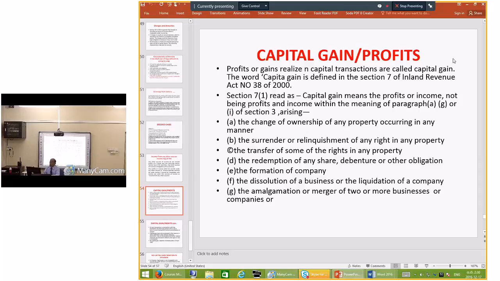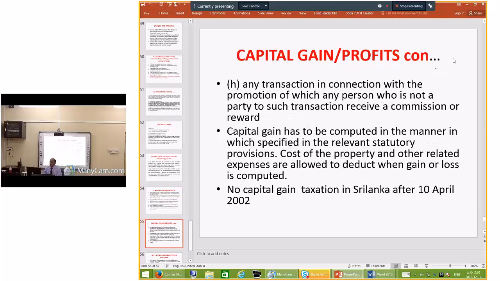That means, say, any intellectual property can be sold, and also redemption of shares, debentures, and obligations, where people also receive some money. That income was recognized as a capital gain. In the recent budget we introduced capital gain only on immovable land and buildings.